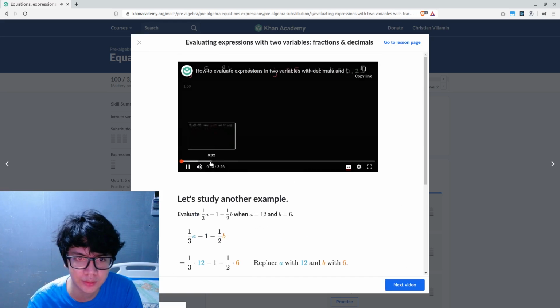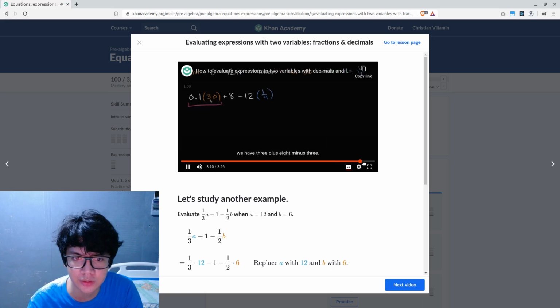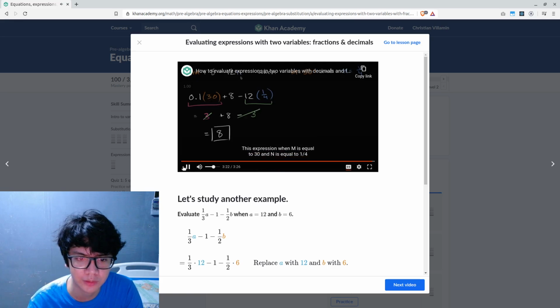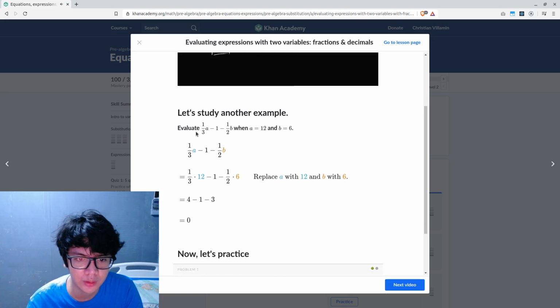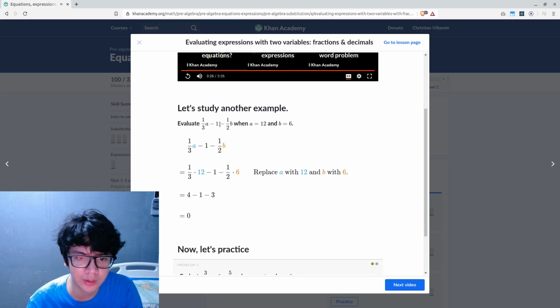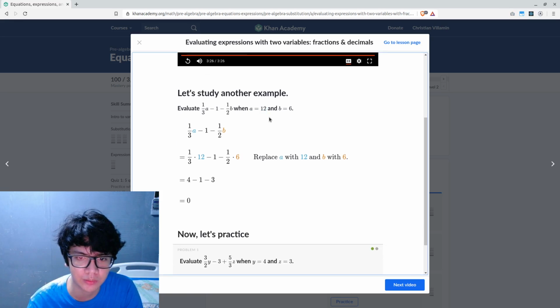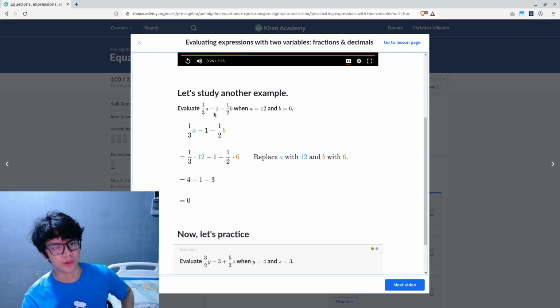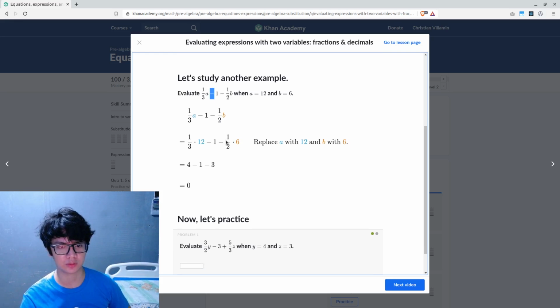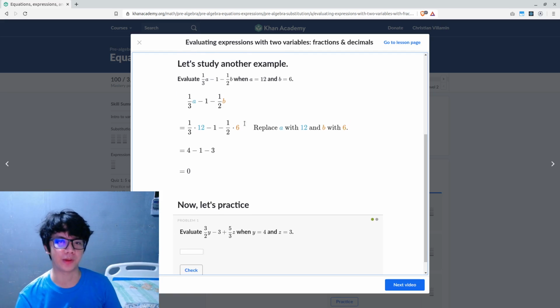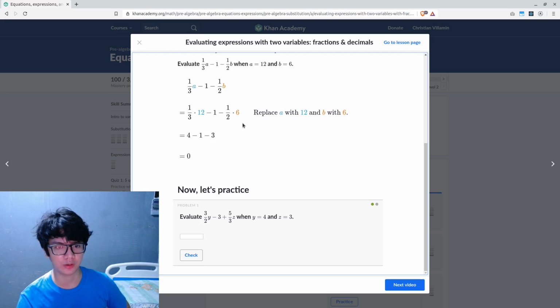Let's see if we could give ourselves some practice evaluating expressions. And n is equal to 1, is equal to 8. Setting our example, one third A minus 1 minus one half B when A equals 12, B is 16. A is 12. It's actually 12 divided by 3, 4. 4 minus 3. 4 minus 1.